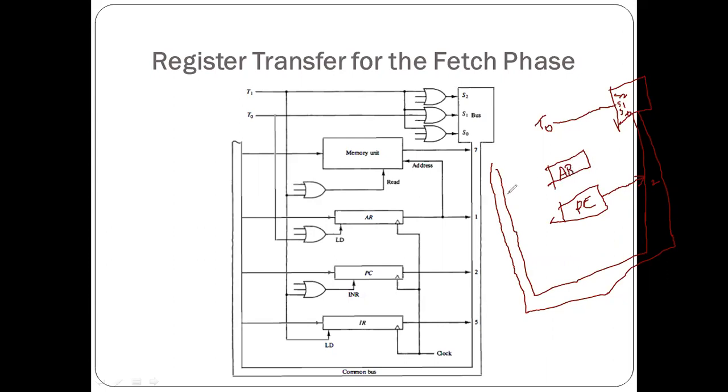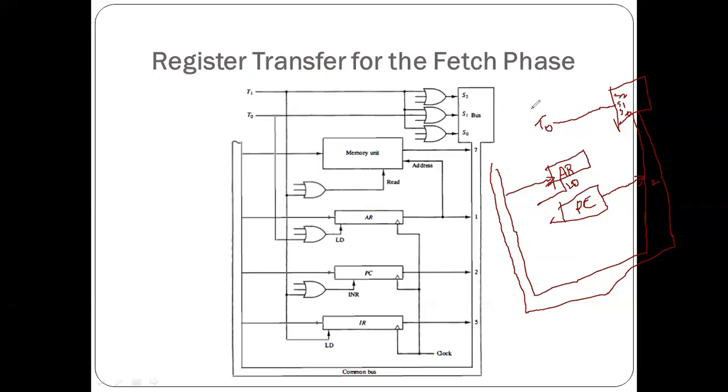Okay. So the address register has to accept this 12-bit information available on the common bus, so the load control of AR has to be activated. This activation of load control of AR should be done during T0 time.